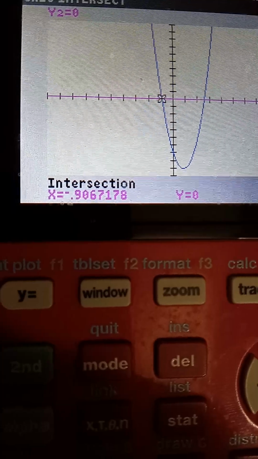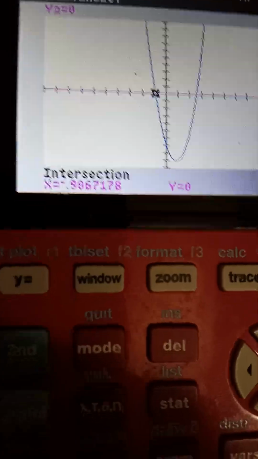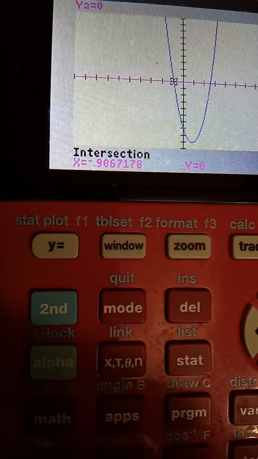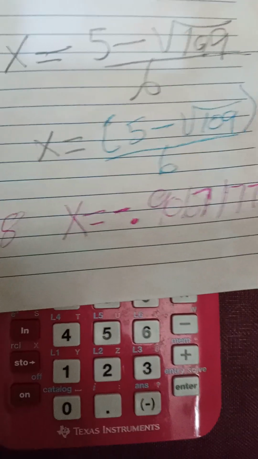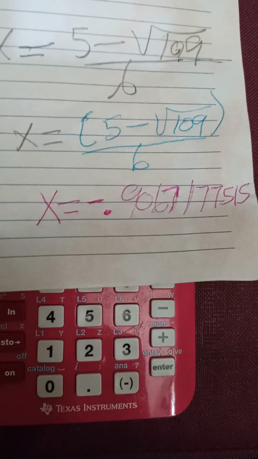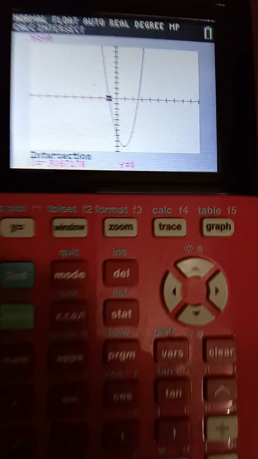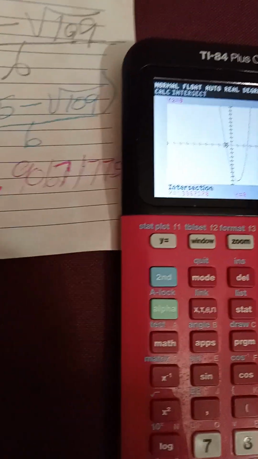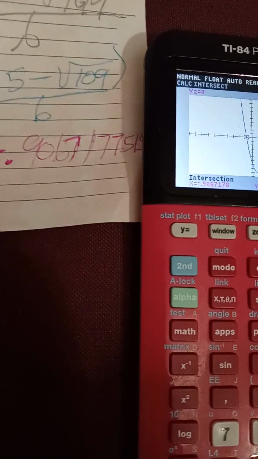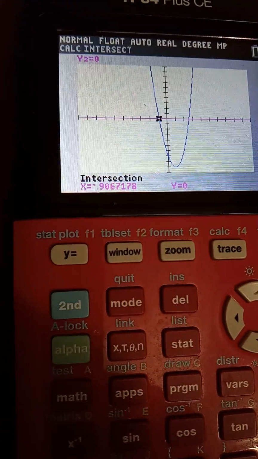So the intersection is x is equal to negative 0.9067178. The calculator is slightly rounded, and our answer is x is equal to negative 0.9067177515. As you see, they are extremely close. Let's put it side by side there. So I proved graphically that both solutions are correct.